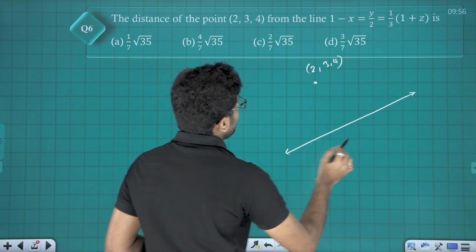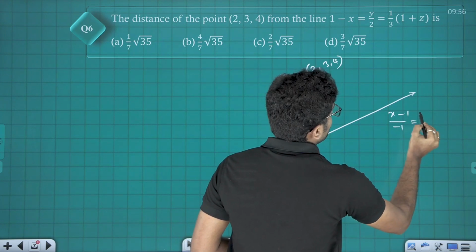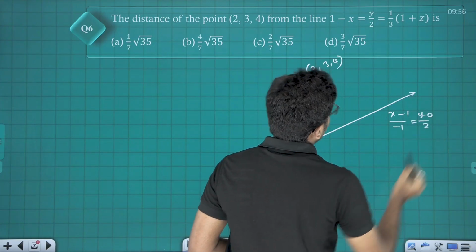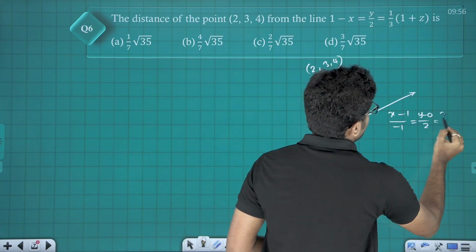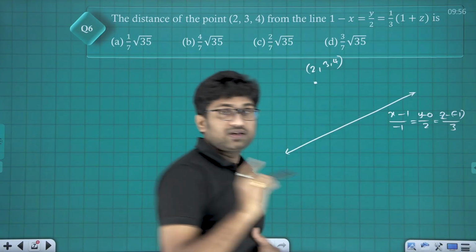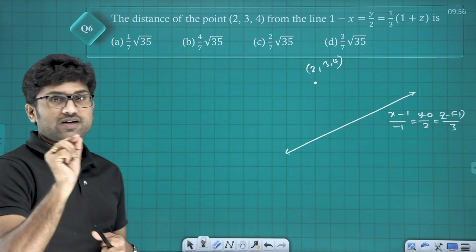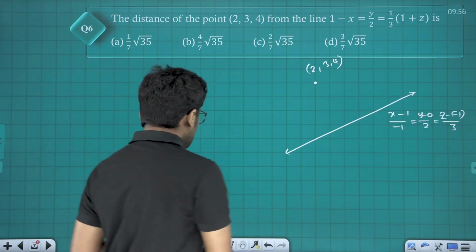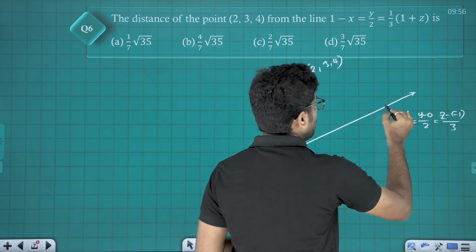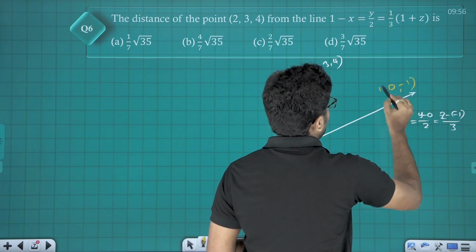Equation of this line in standard form is x minus 1 by minus 1 is equal to y minus 0 by 2 is equal to z minus of minus 1 divided by 3. Line always should be in standard form. X minus x1 by a is equal to y minus y1 by b is equal to z minus z1 by c. So that means this line is passing through a point 1, 0, minus 1. Correct?